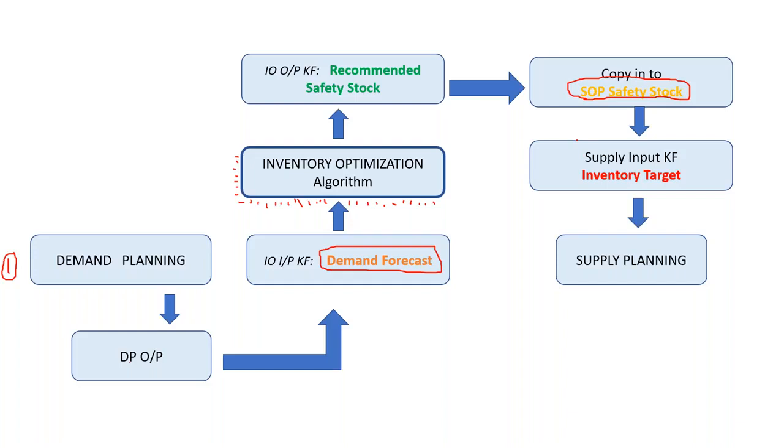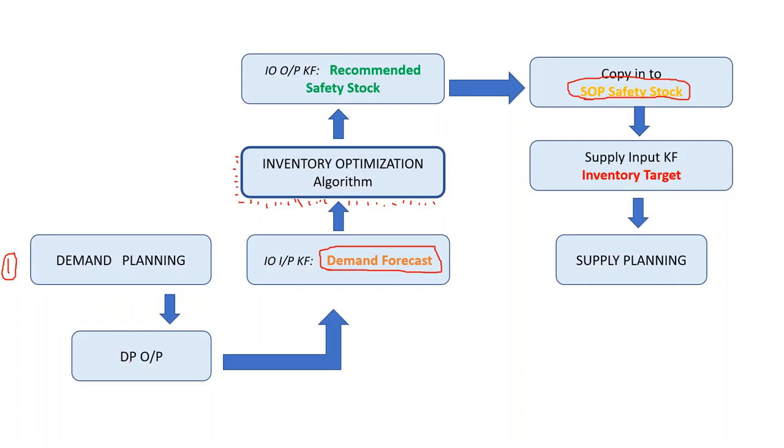So SOP is a process, like a weekly or a monthly process, where all the departments come together and come up with one unified, agreed upon plan. There they'll have a lot of discussions and then they will finalize that this much of the stock is what we maintain. So we copy the recommended safety stock into this key figure, SOP safety stock.